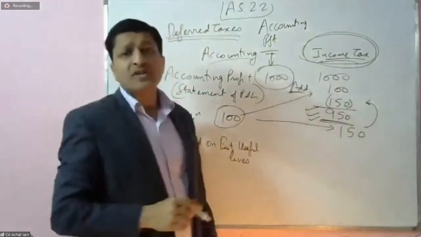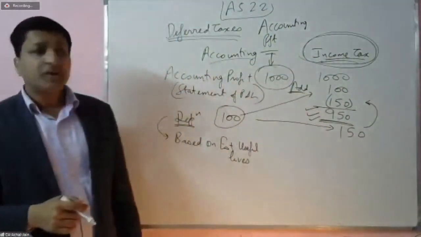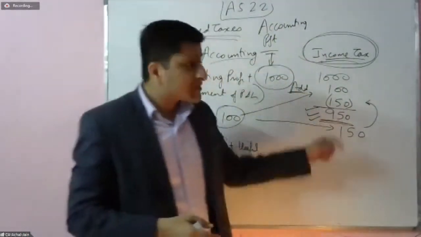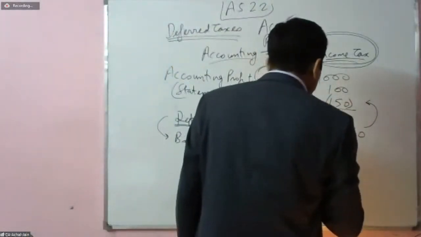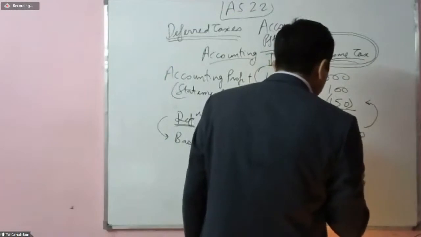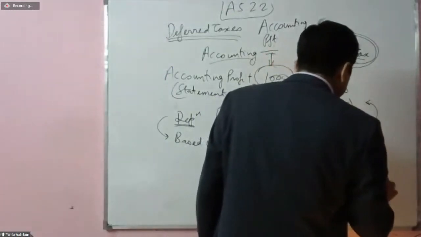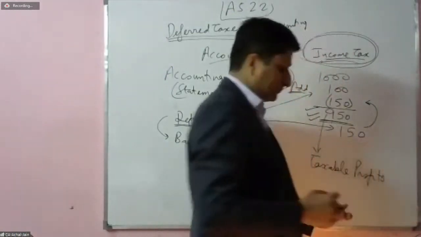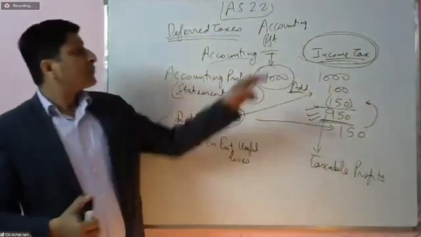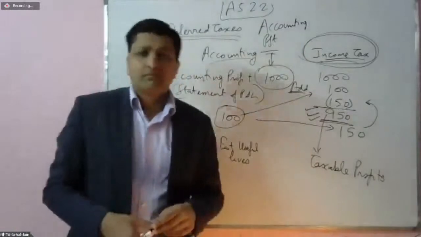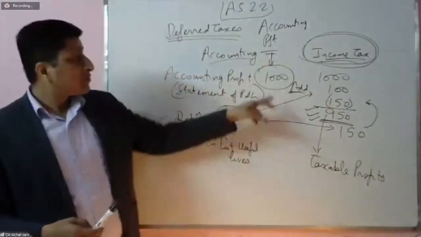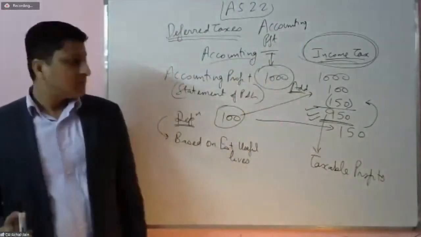This profit of 1,000 is called accounting profit. And this profit of 950 is called taxable profit. This profit or income is also called accounting income.